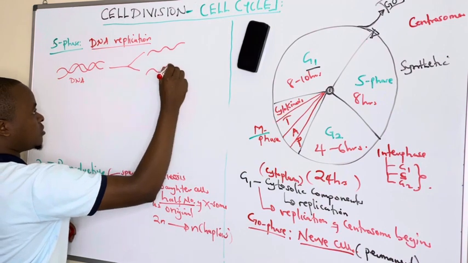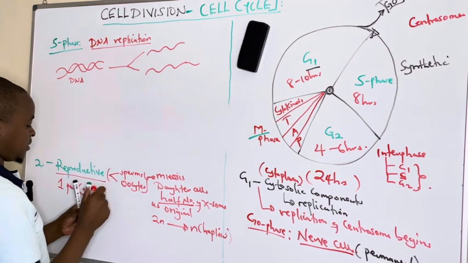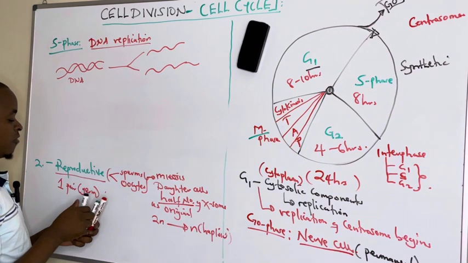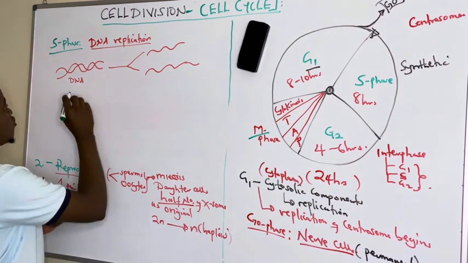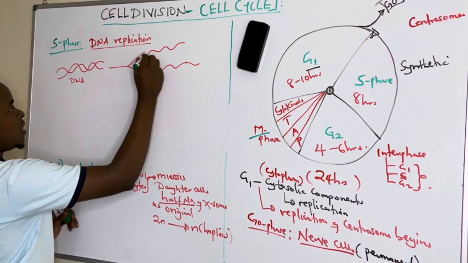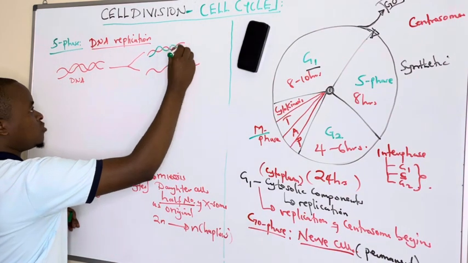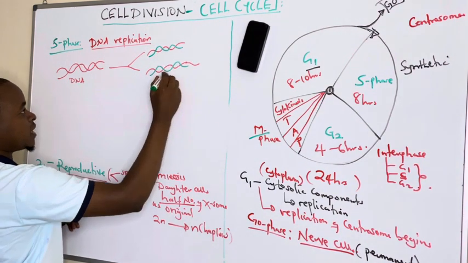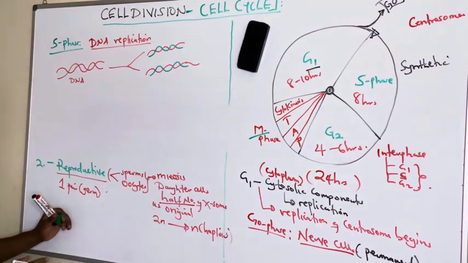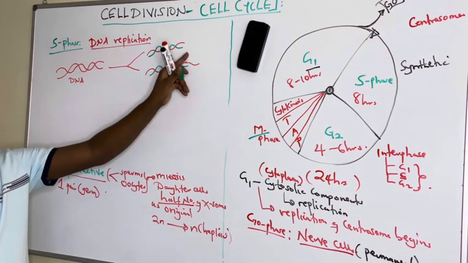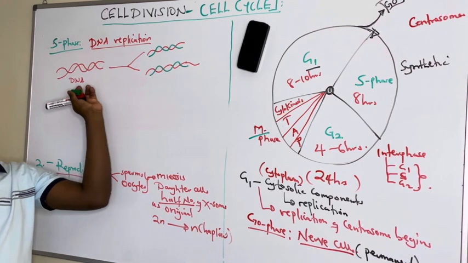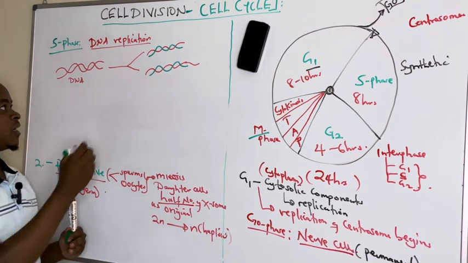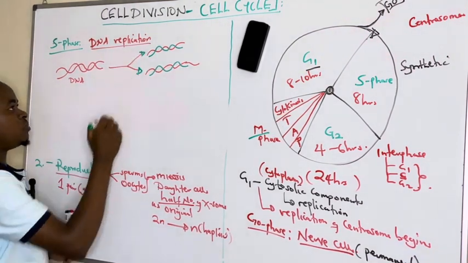And these 2 daughter DNA produced during S phase, we shall find that they have one template strand of the parent DNA and another newly synthesized strand. So these are the 2 daughter DNA formed, each with one template of the parent. And that is what we call the semi-conservative theory of DNA replication.